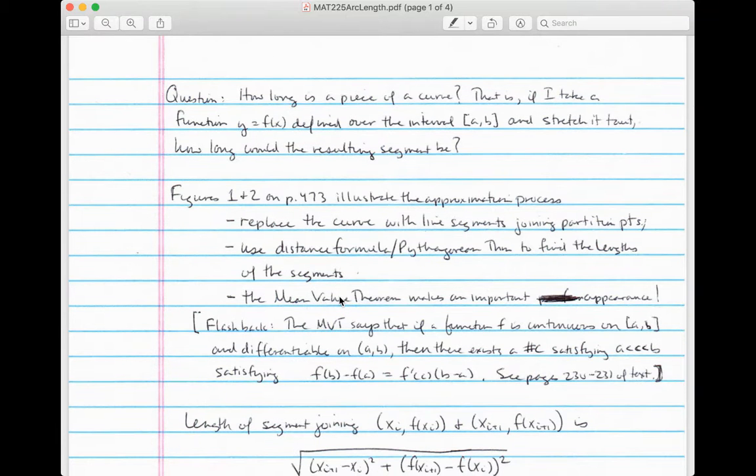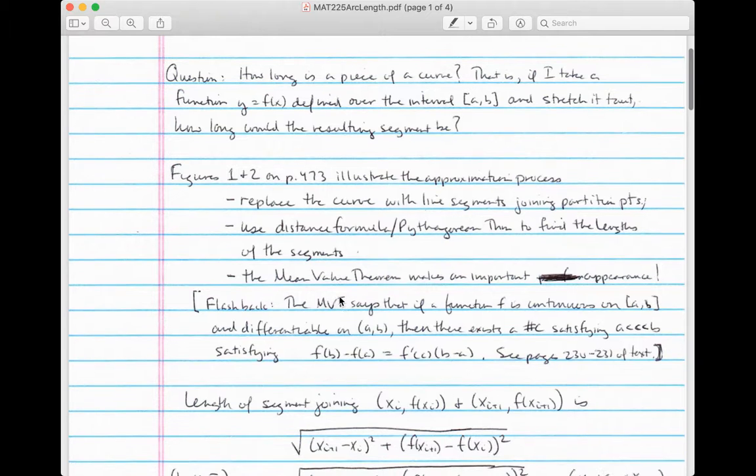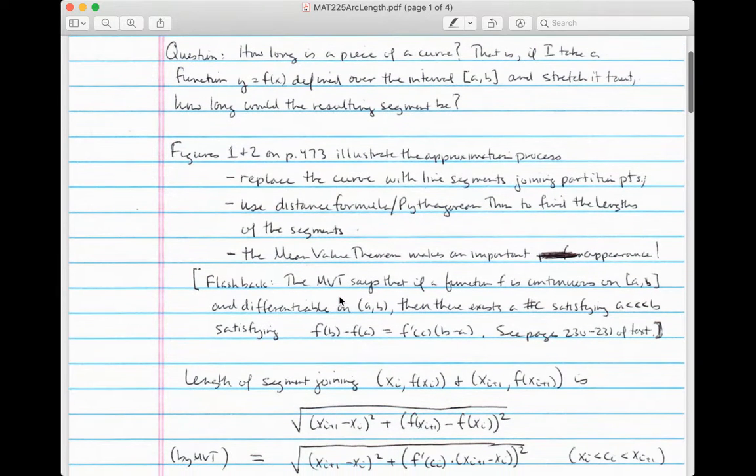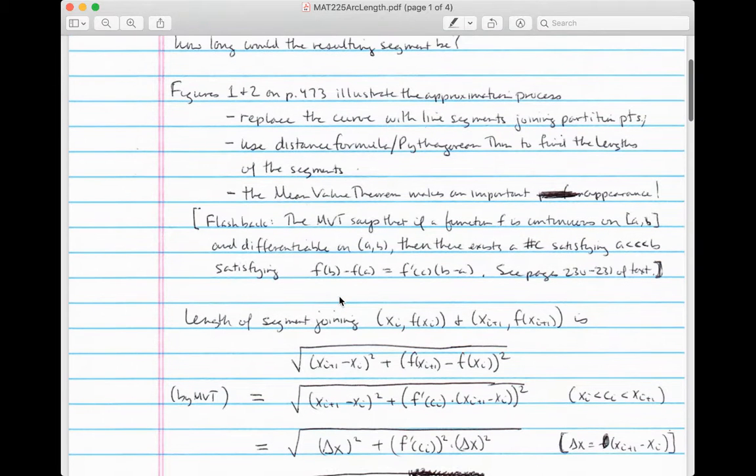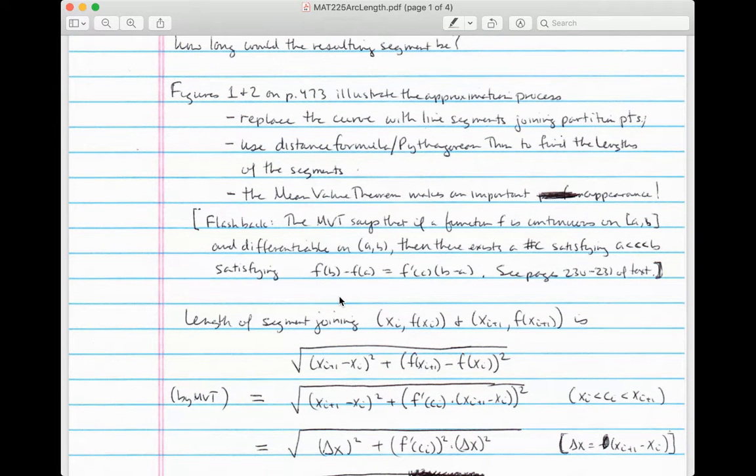So if you go to your book on page 473 and look at figures 1 and 2, you'll see what process is being suggested here, and that is that we take the curve and we replace it with line segments. So we take partition points along the curve and then we connect them with line segments. And we can find the length of the line segments using the distance formula.